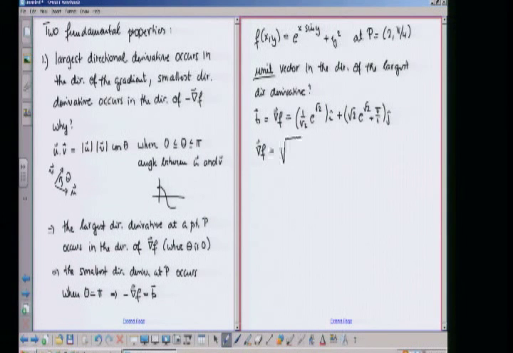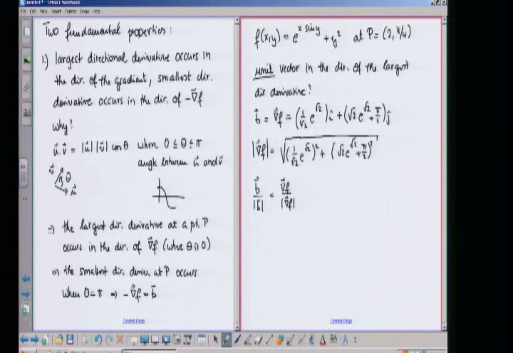And the length is just the square root of the square of this, right? So it's 1 over square root of 2 e to the square root of 2 squared, right? Plus square root of 2 e to the square root of 2 plus pi over 2 squared, right? And we have to divide by this, right? So b divided by the length of b would be the answer, right? So this is gradient of f divided by gradient of f norm, okay?